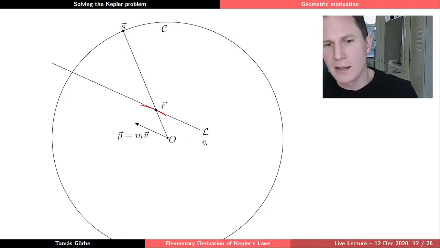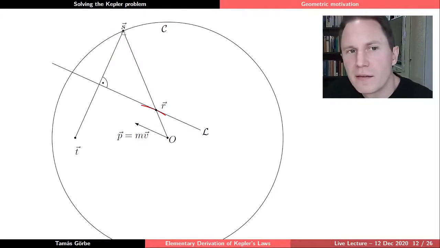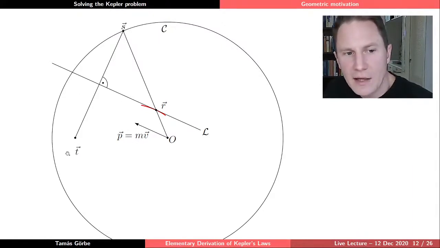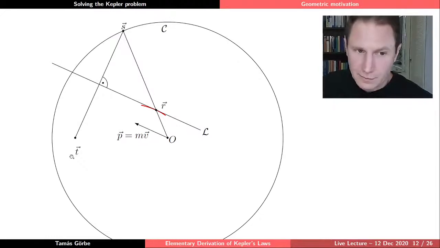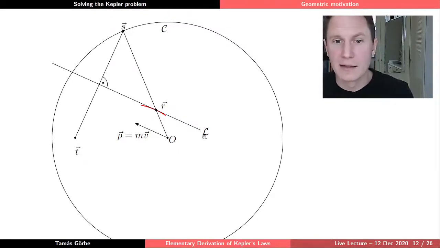So this tangent line is called L. And what we can do with this point on the circumference of the circle, we can reflect it through the tangent line drawn to the orbit to get a new point. So this vector, I'm calling it little t. It's a vector that I got by reflecting this point on the circumference through this line that is tangent to the orbit of my planet.